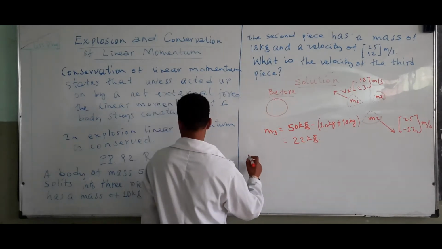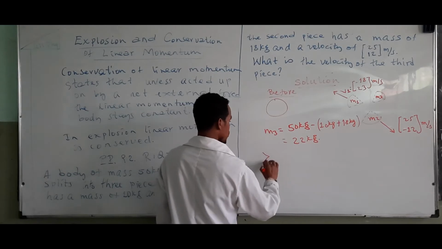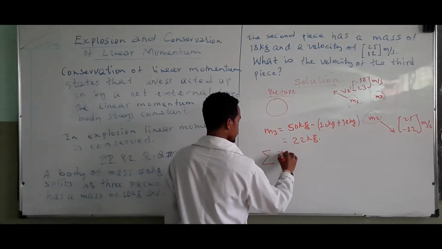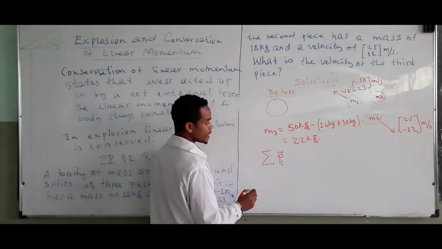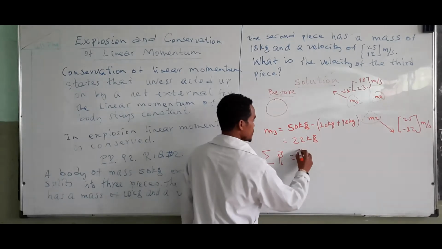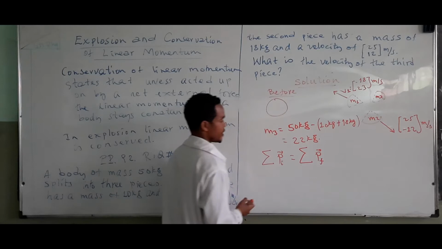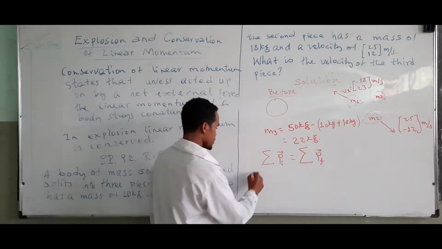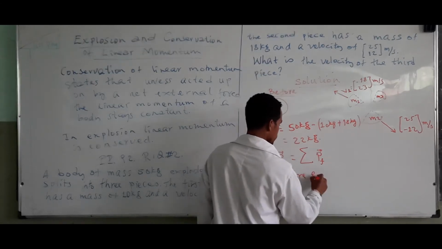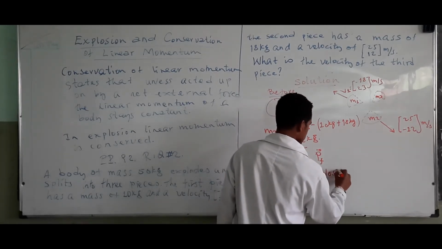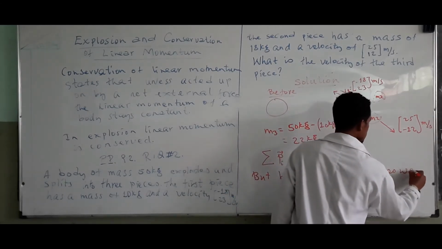The law of conservation of linear momentum states that the sum of linear momenta before the explosion, the sum of P initial, equals the sum of linear momenta after the explosion. But before the explosion, the mass was at rest.